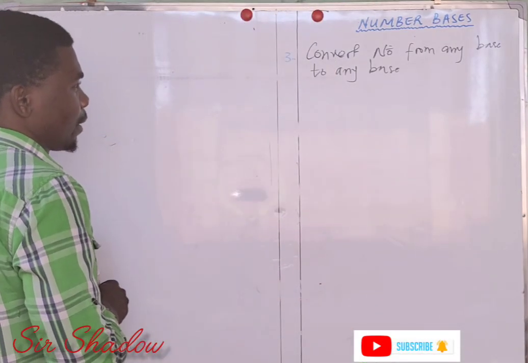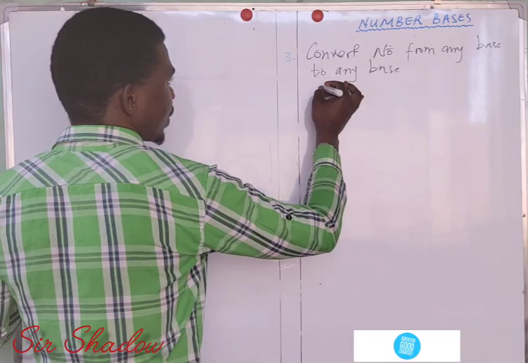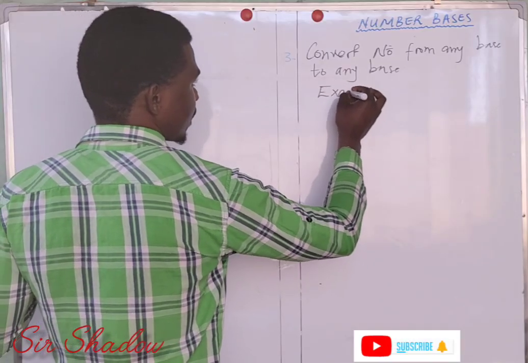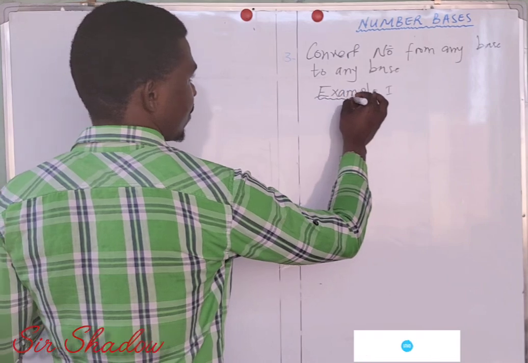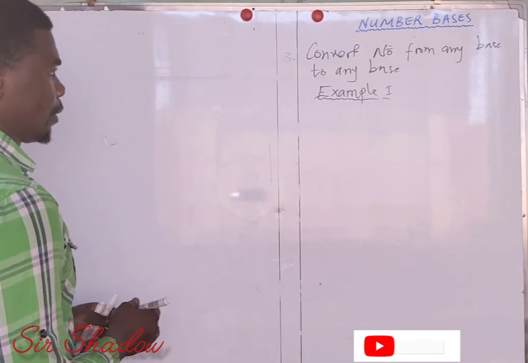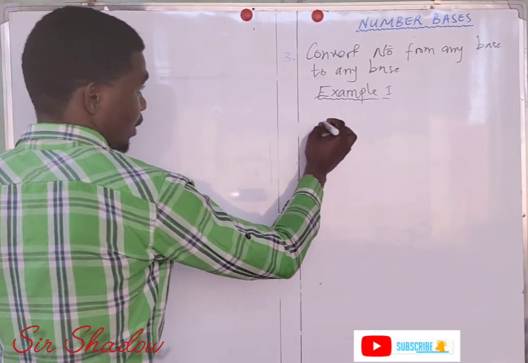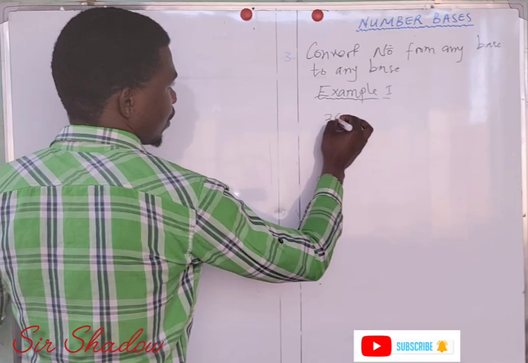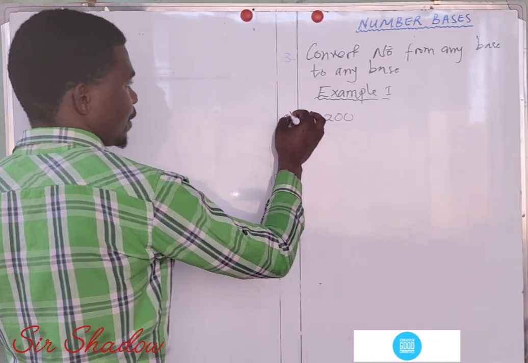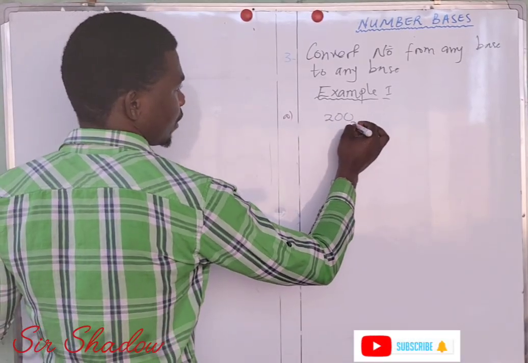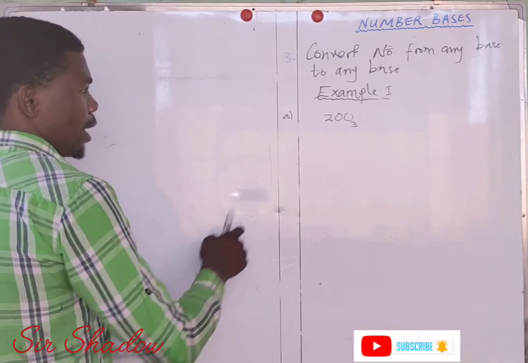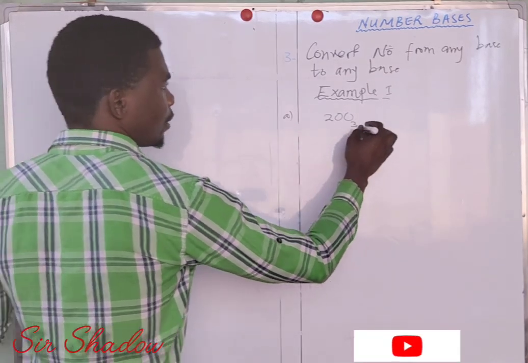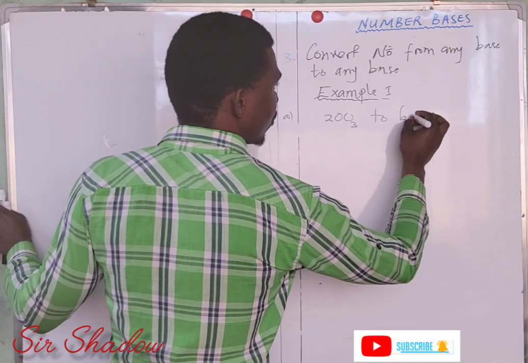All right, let's consider the first example, which is example 1. Let me say I have 200 base 3. I want to convert this number to base 2.